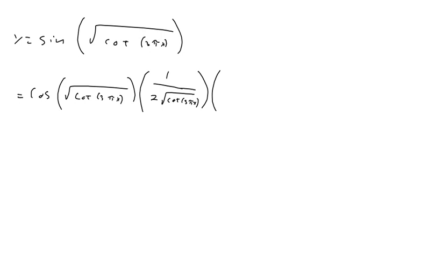It's got a c. That means my derivative is going to be negative. Derivative of cotangent is negative something. And I remember which ones are paired up. Cotangent is paired up with cosecant. So the derivative of cotangent is negative cosecant squared of 3 pi x.